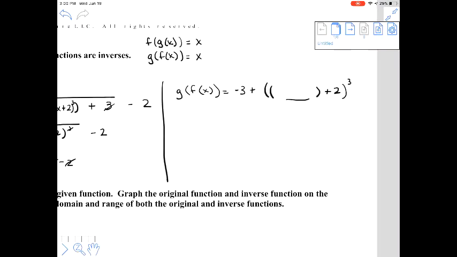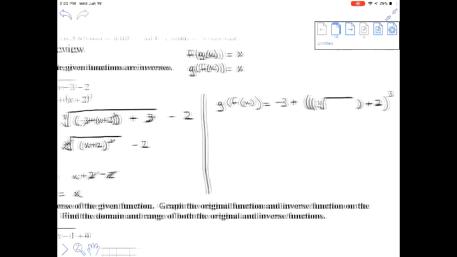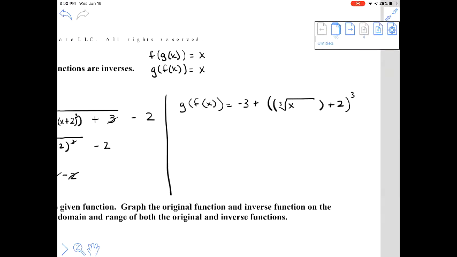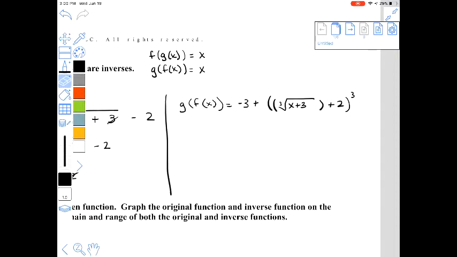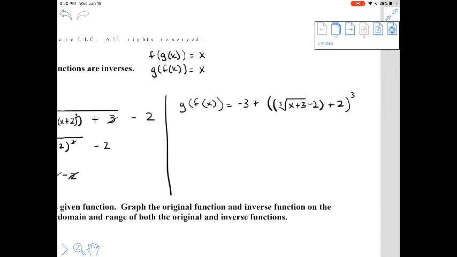And this empty parenthesis here gets filled in with the f function, which is cube root of x plus 3 minus 2. Okay, and now again, hopefully everything cancels except for an x. So the positive and negative 2 can cancel.